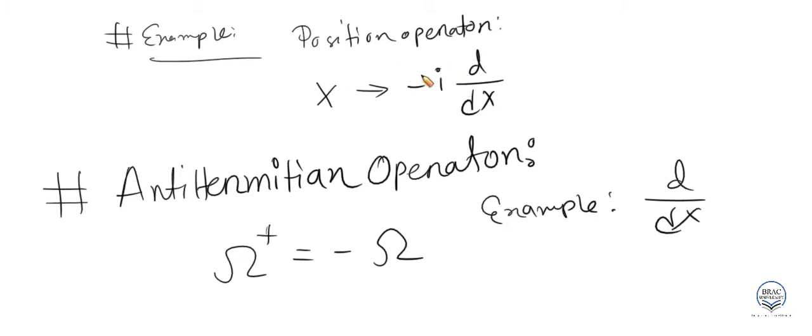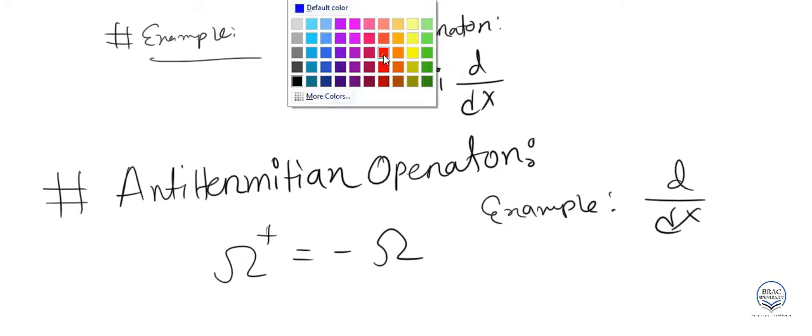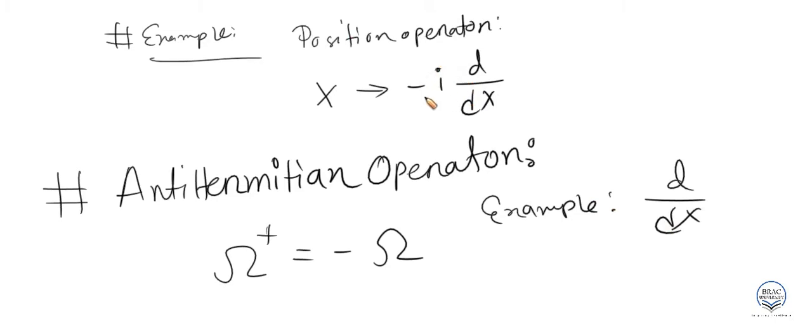So the reason for putting an I in this position operator over here is that this position is something observable, something real, and that's why, to get the eigenvalues, though we haven't discussed eigenvalues yet, you will see that to get real eigenvalues that will correspond to a real number, you have to put this minus I over here.